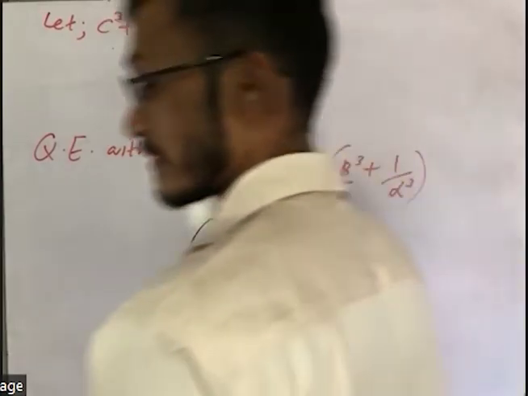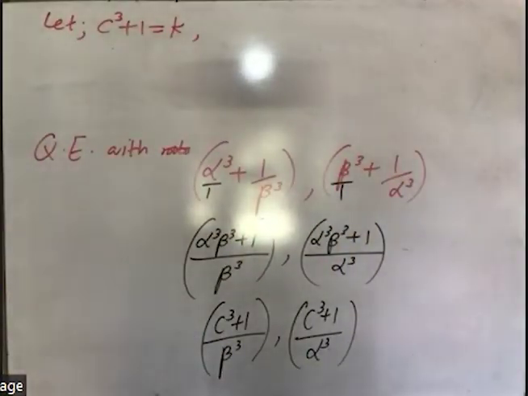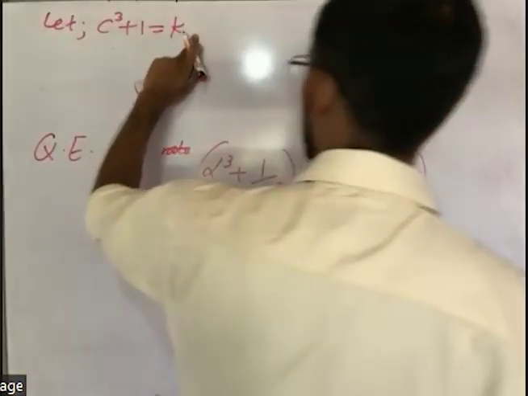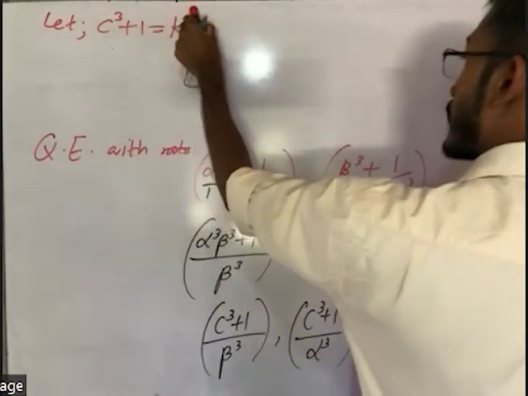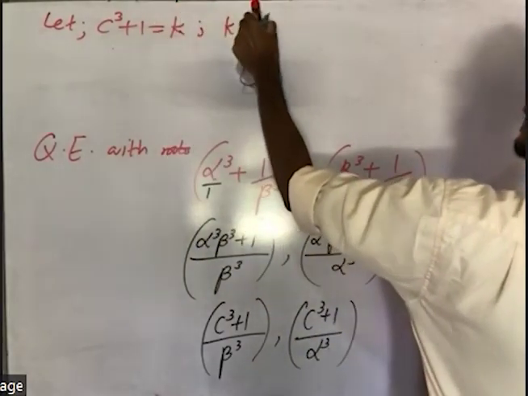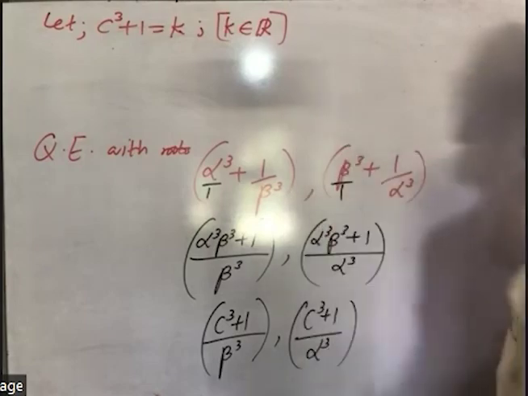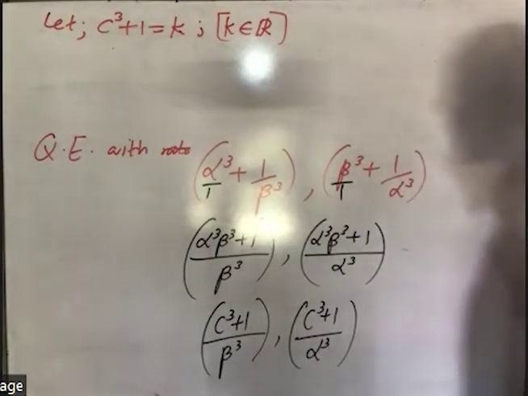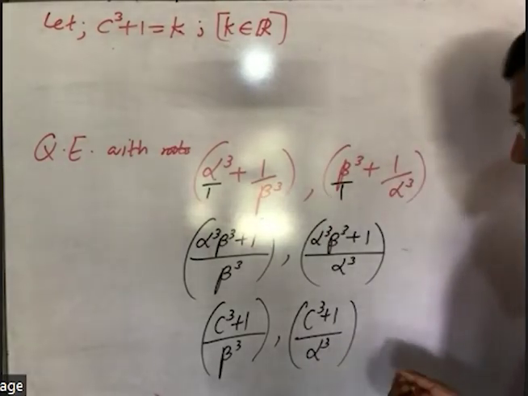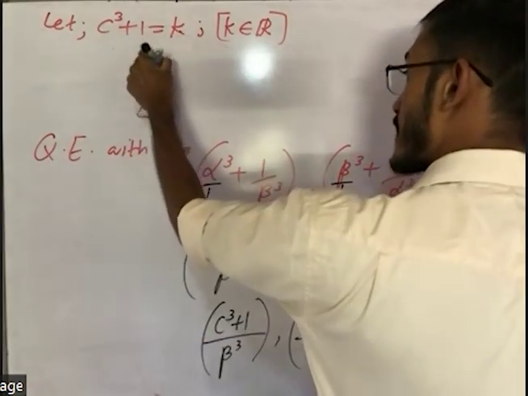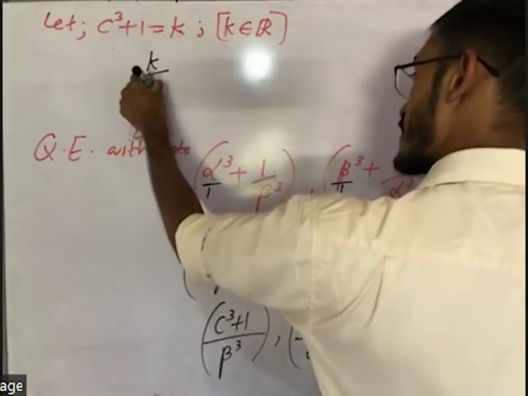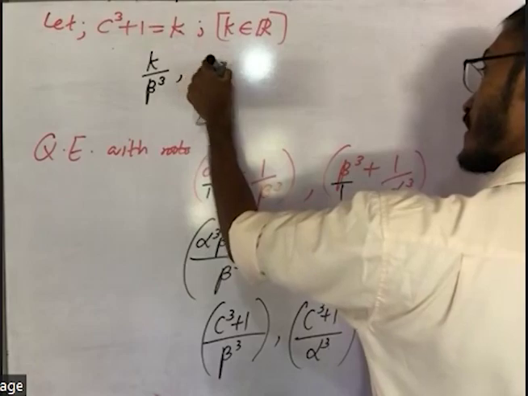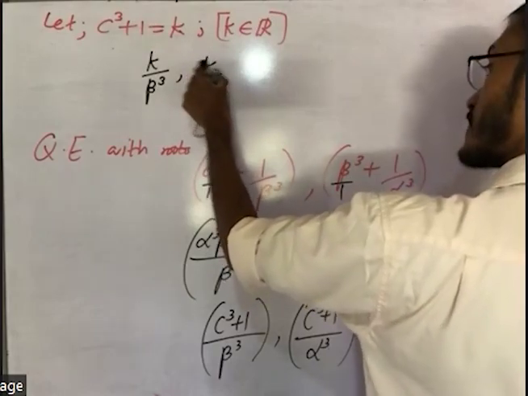K is a constant, a real value. Then we can write these two roots as k over beta to the power 3, comma k over alpha to the power 3.